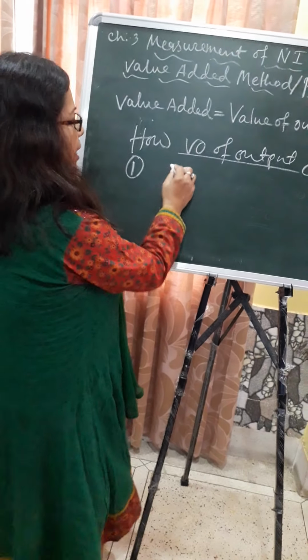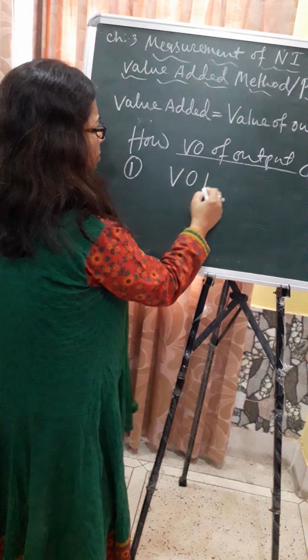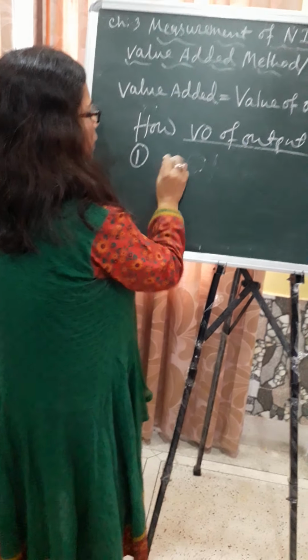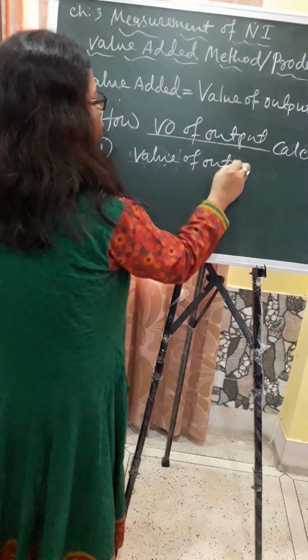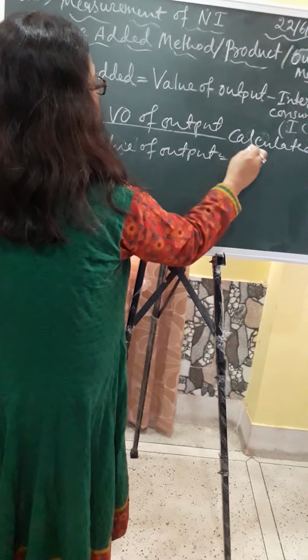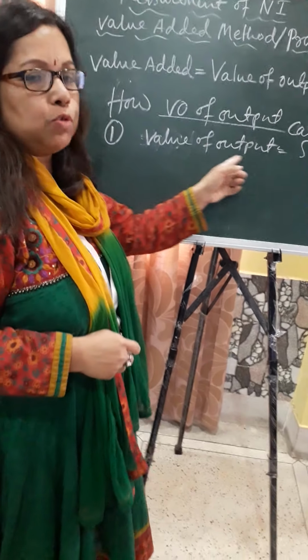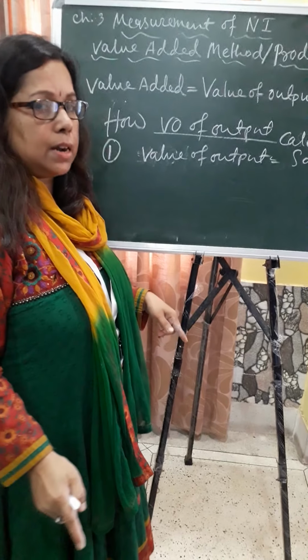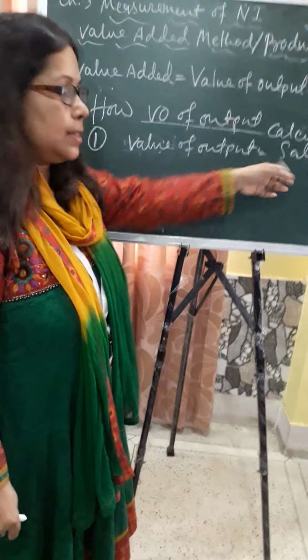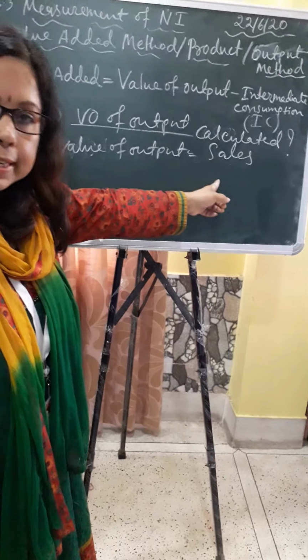So here you can write value of output equals sales. If the total output is sold in the market during one year, then it is called sales. So value of output equals sales.